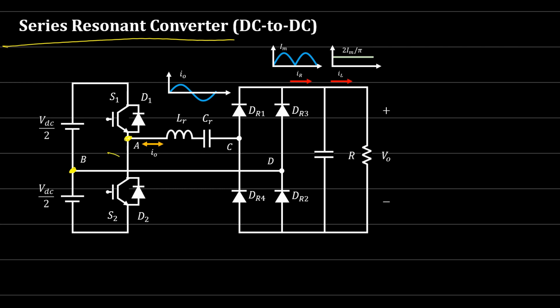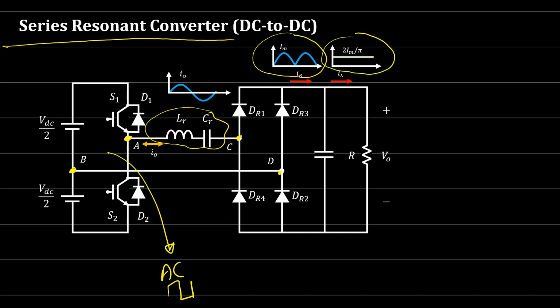So here we will obtain AC first, a square wave, okay? Then we have the resonant tank, the capacitor and the inductor. We expect that the voltage or the current here will be filtered, so we will have a sine wave at the output here at C, D, and then the rectified output will be something like this. Then after the filter, the voltage or the current will be something like this.